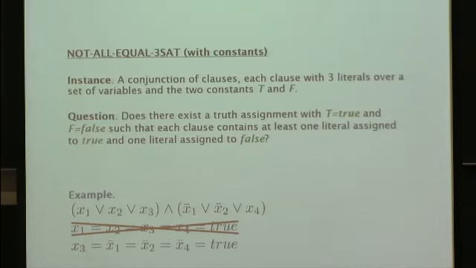And then the second truth assignment is also valid under not-all-equal 3-SAT with constants, because x3 is set to true, and x1 is set to false because not x1 is true. And for the second clause, you can also easily verify that it is a valid truth assignment.